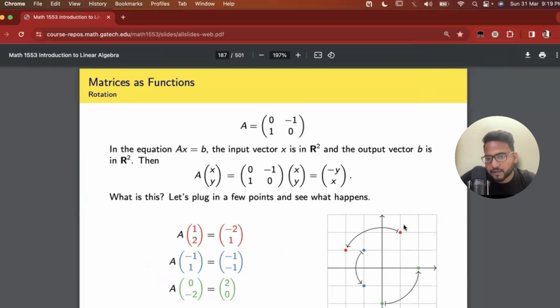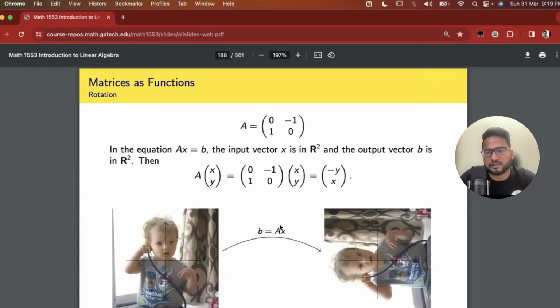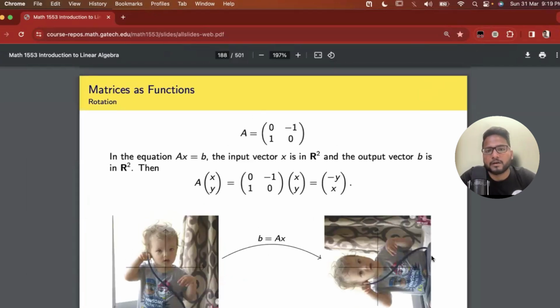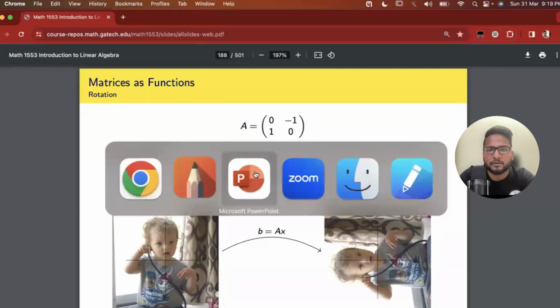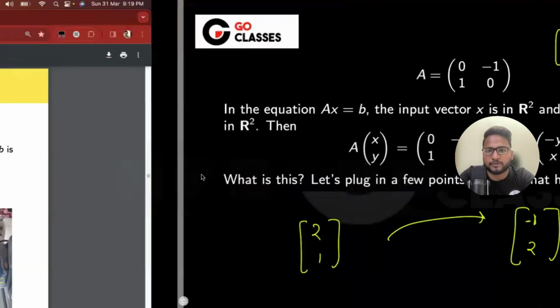I'm just showing you that it is rotating 90 degrees. There are special matrices, right? For example, if this is an image, then after this matrix multiplication you will be getting this kind of image. It is rotating every vector by 90 degrees. Nothing very fancy, but I just wanted to share some special matrices.